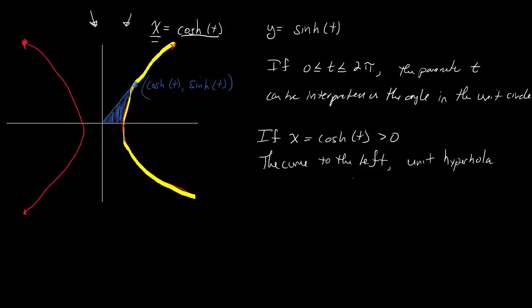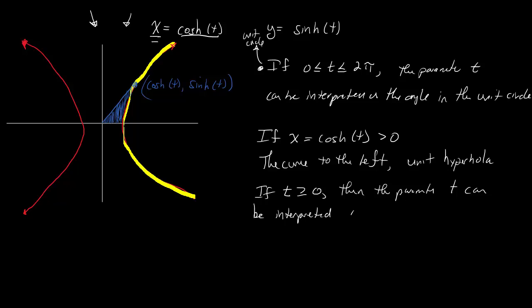And it can be shown, and I don't really know if we can prove it here, that if t is greater than or equal to 0, then the parameter t, just like we talked about for our unit circle, can be interpreted as twice this blue shaded region.